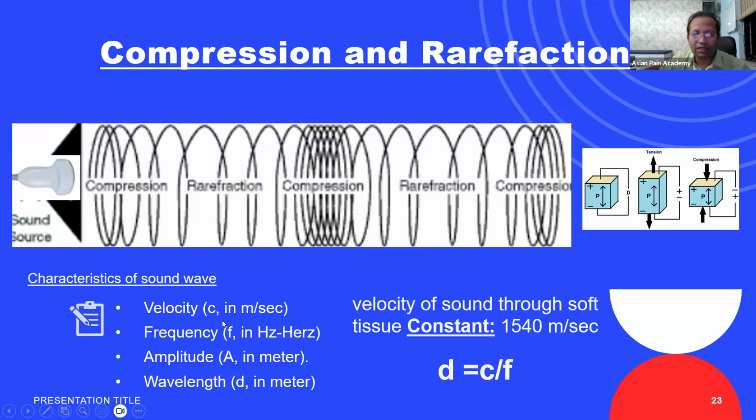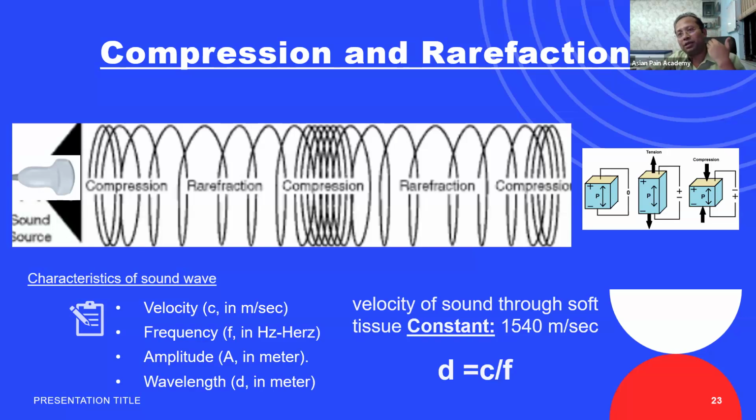First, see velocity. What do we mean by velocity? The ultrasound wave passing through the tissue has a certain velocity. If it goes through air, it has a certain velocity; through water, it has a certain velocity. But even in tissue it doesn't mean the same thing.